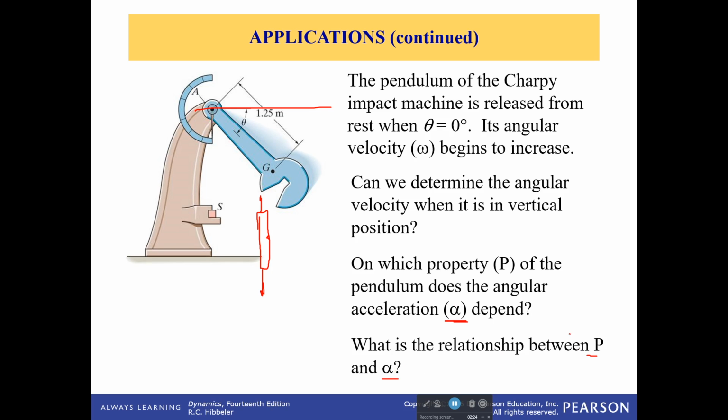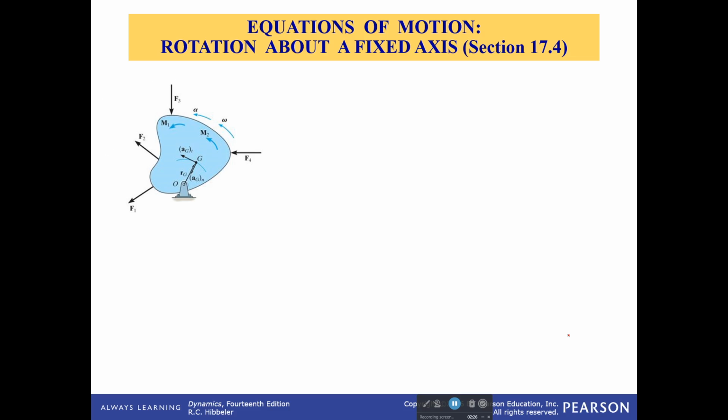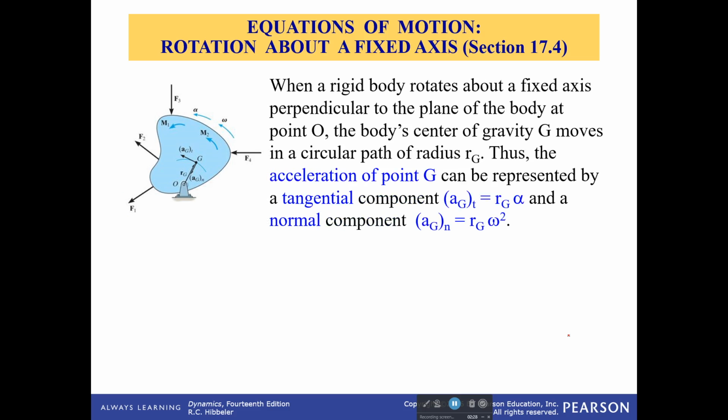Okay, so let's jump right into this. We showed last time that a rigid body can be undergoing rotation, and if it's by itself, then it's going to rotate around the centroid. However, in this case, we're rotating about a fixed axis, and so it's not quite the same.